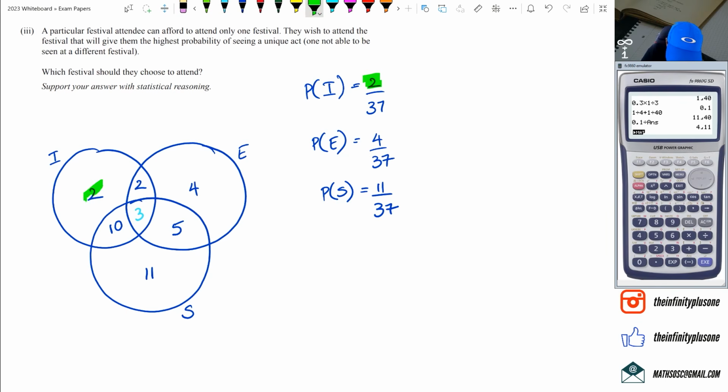So just reiterating, 2 is the unique act there for Idle, 4 for Escapade, and 11 for Serendipity.